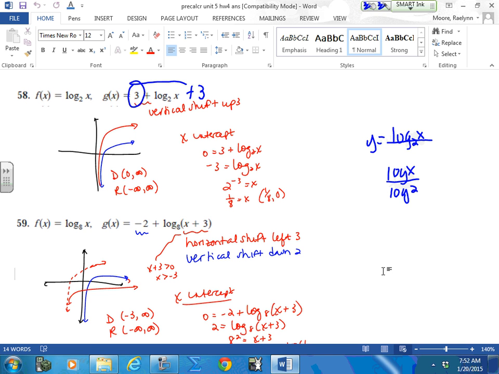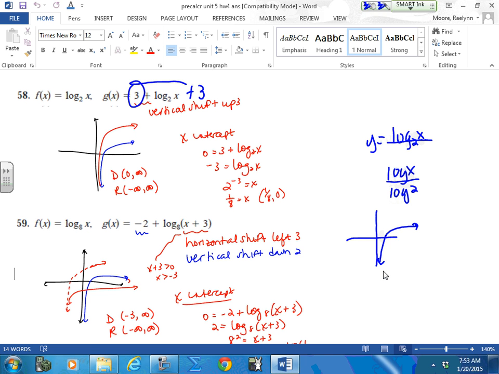Now, the problem with doing this is you're actually putting it in your calculator. You're depending on your calculator to tell you where your transformations are. I want you to understand all your logs go the same. I want you to understand your log when you graph this, where it's passing through and what your attributes are, and then do your transformation off of that.